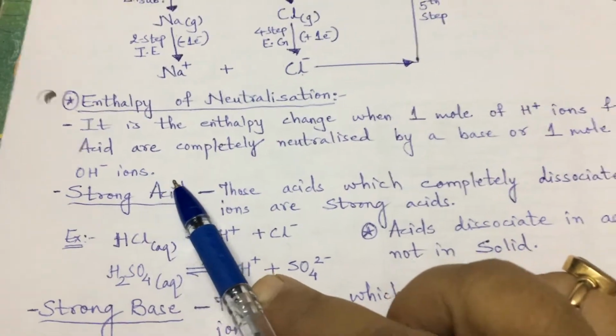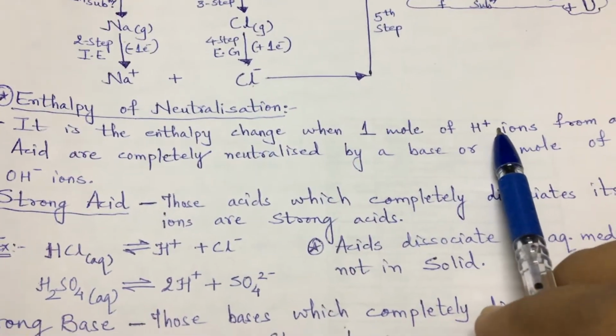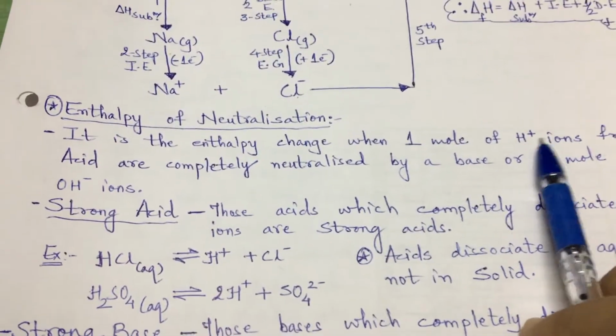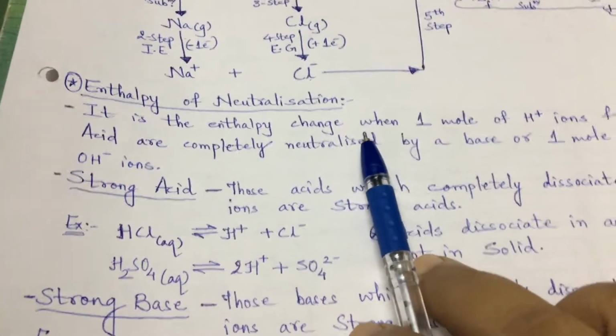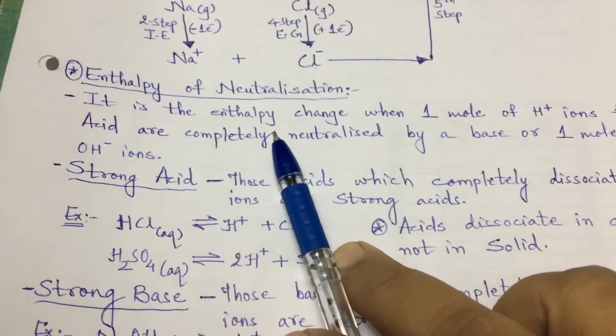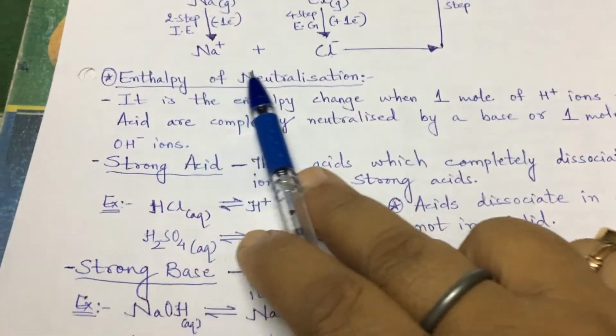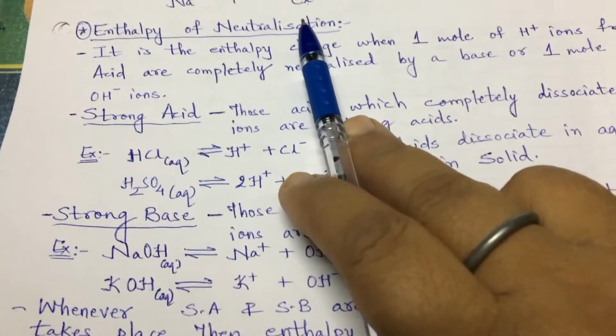When 1 mole of hydroxide ions and 1 mole of hydrogen ions completely neutralize each other, that is neutralization, and the change in the energy because of this neutralization is termed as enthalpy of neutralization.